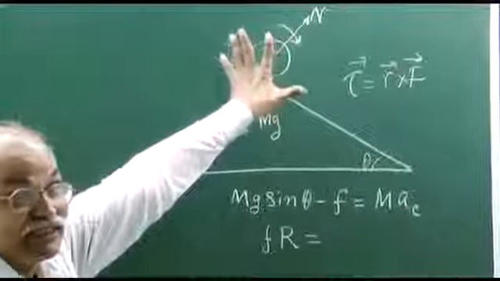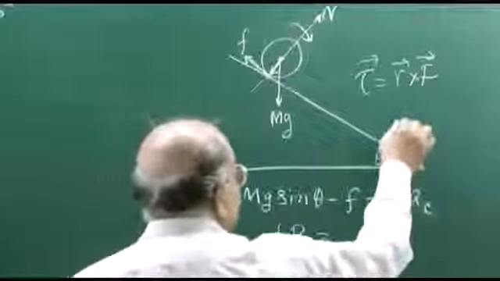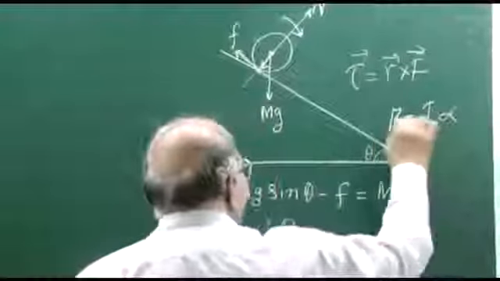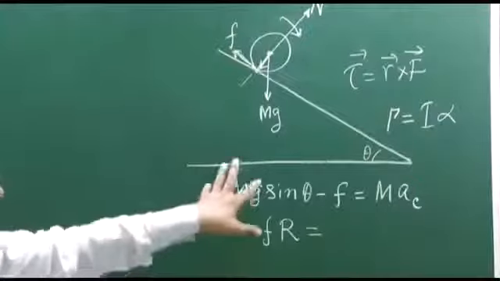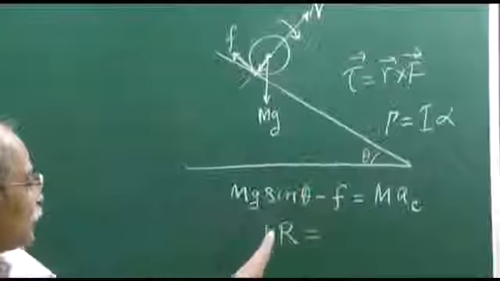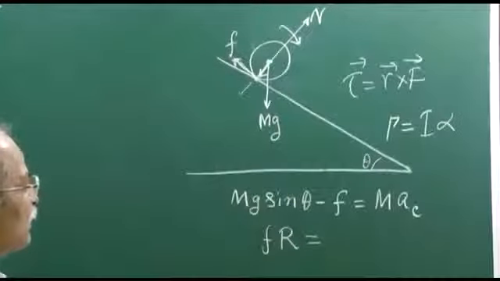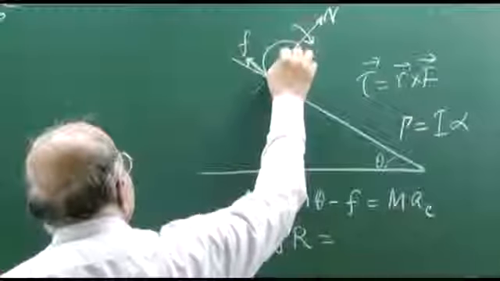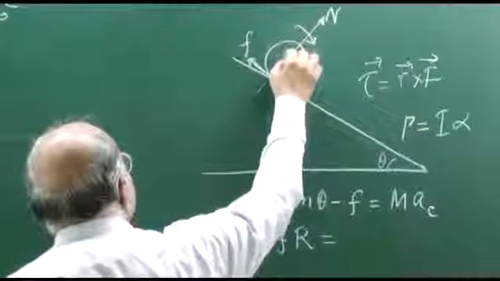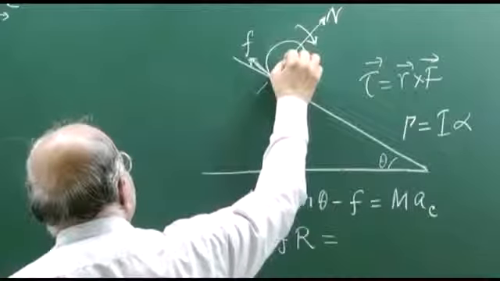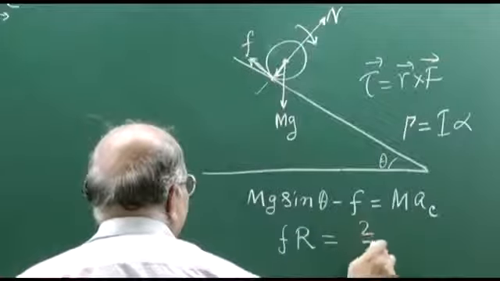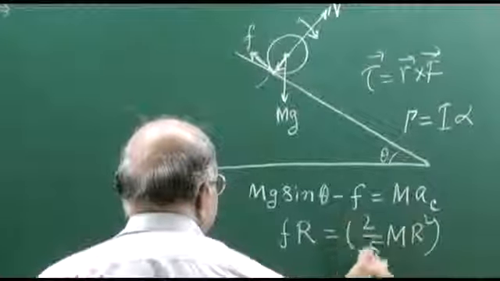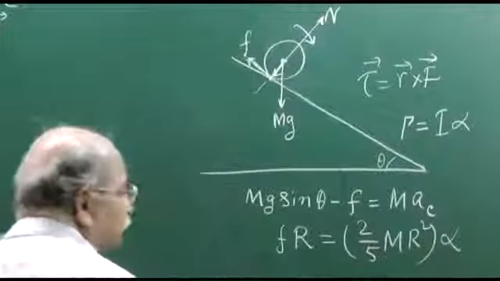In this scenario, it is not always true, we will talk about that also. Torque is I times alpha is not always true, but in this scenario it is. The moment of inertia of this spherical ball about this diameter will be 2 by 5 m r square.